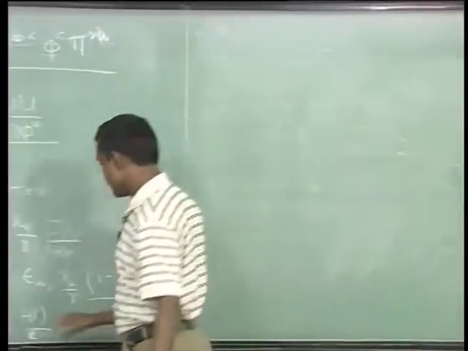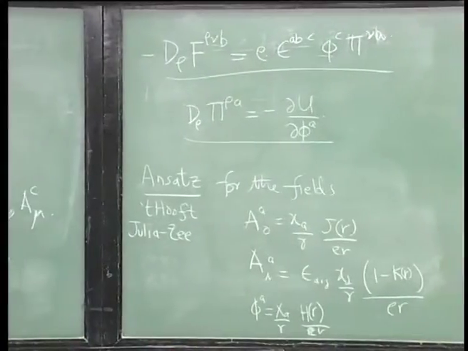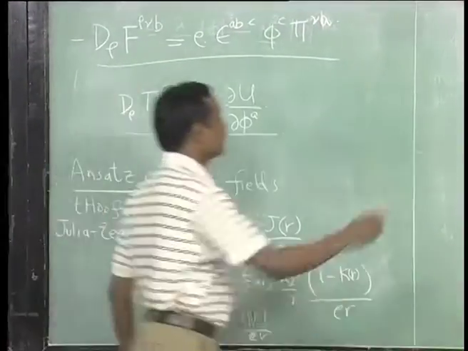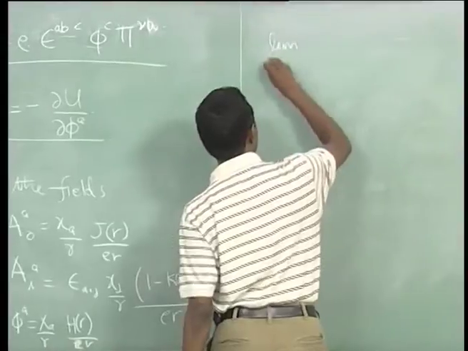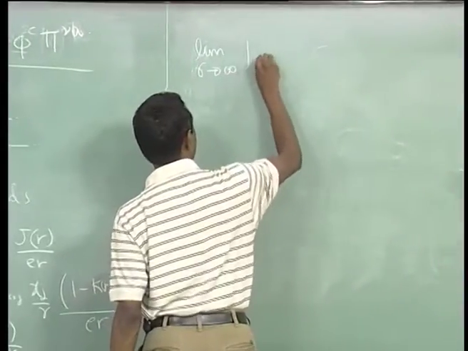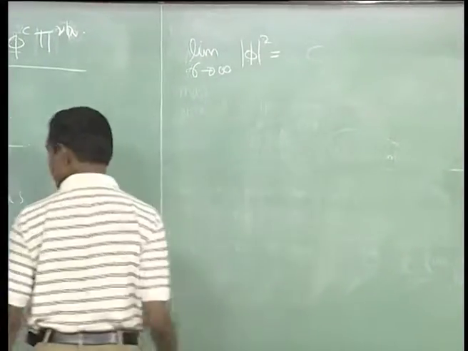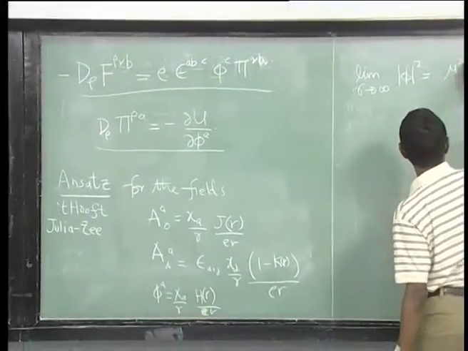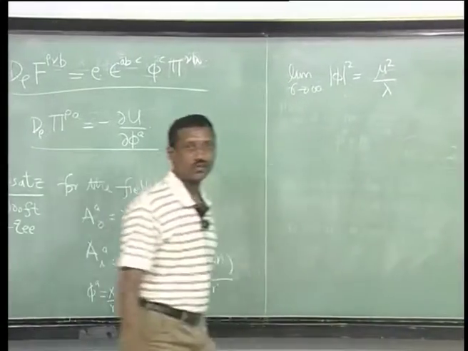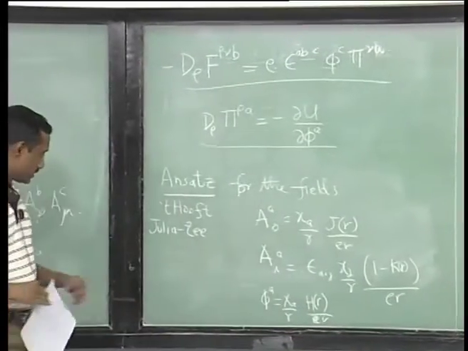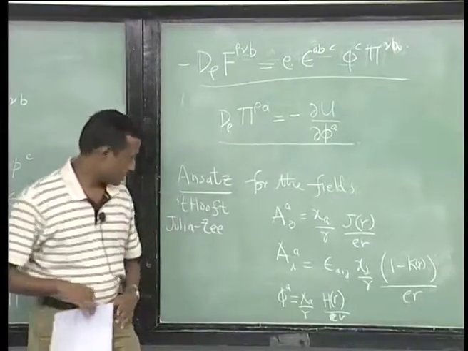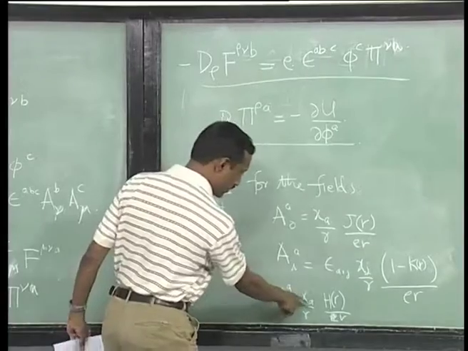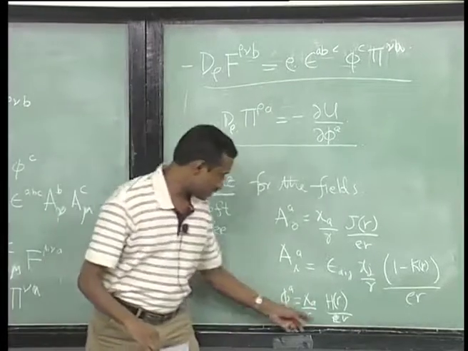You can see here that phi is along the radial direction at large values. What we wanted was, as r tends to infinity, mod phi square to become mu square by lambda. This is what we wanted. Now we can look at this ansatz and ask what it does for H. Phi_a would be x_a square, which is r square, but there is an r to the power 4.